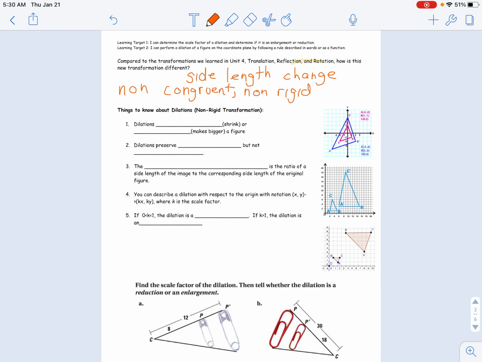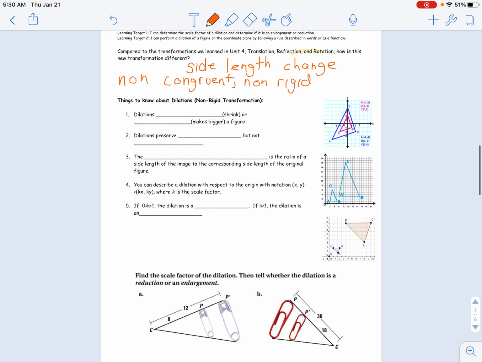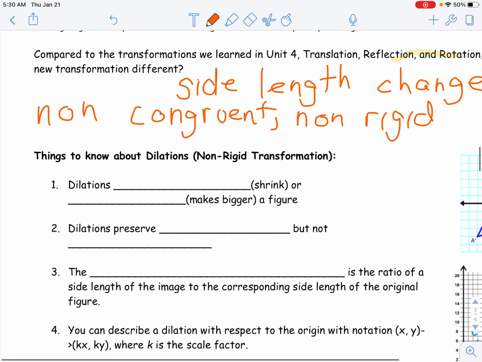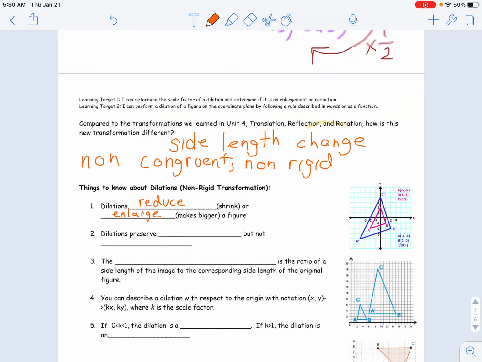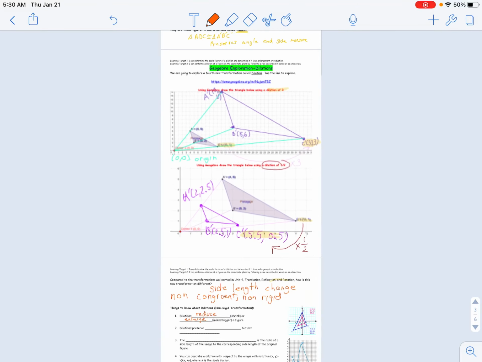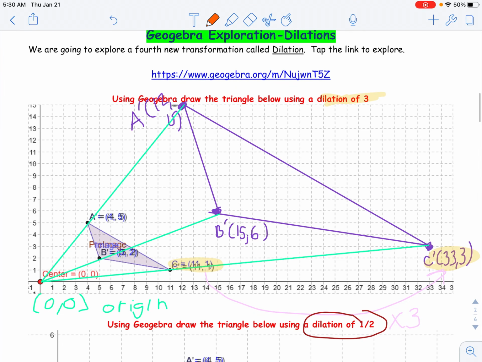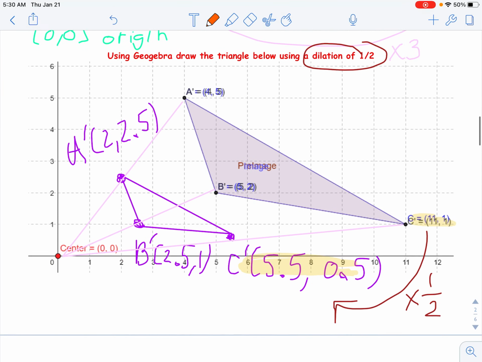And then we'll just knock this part right out now. Yeah, we can still do this page. So, things to know about dilations, non-rigid transformations. Dilations reduce or enlarge a figure, so they're either going to make it bigger or smaller. In this example above, this first one right here was an enlargement. This was a reduction.